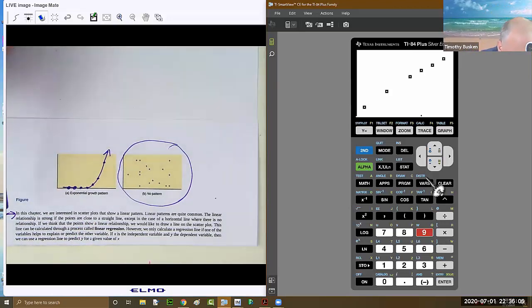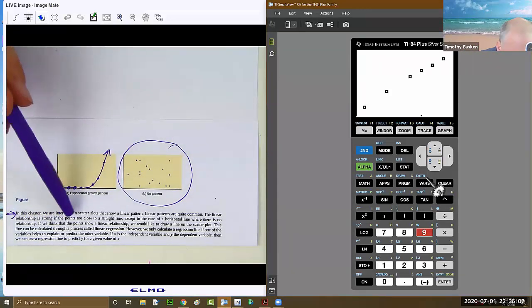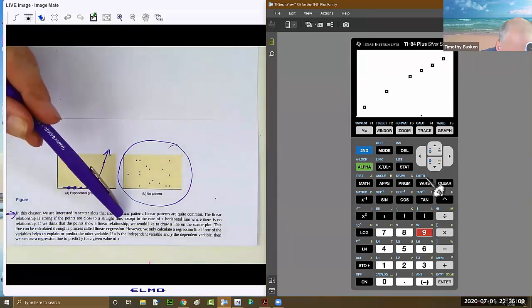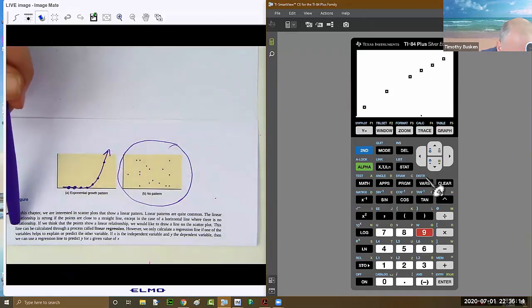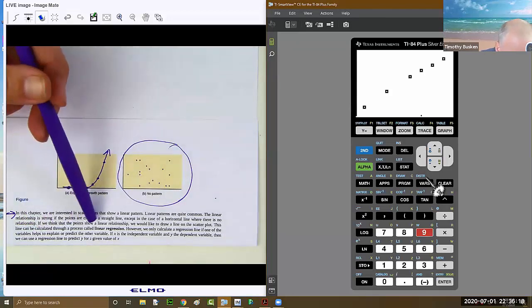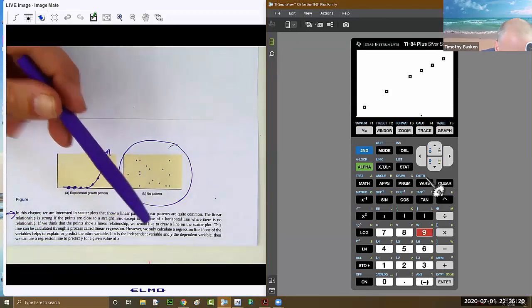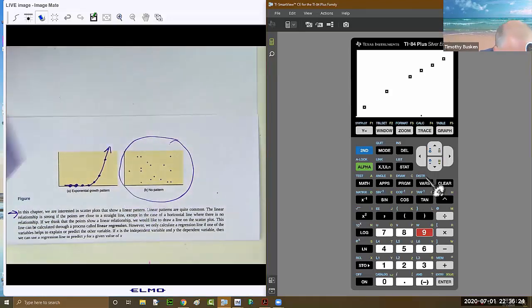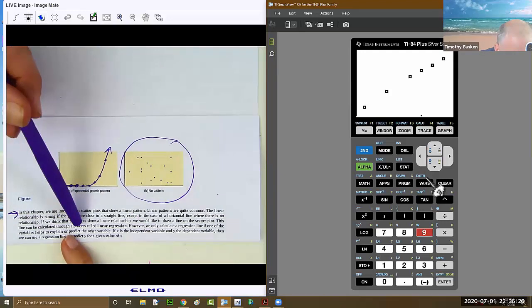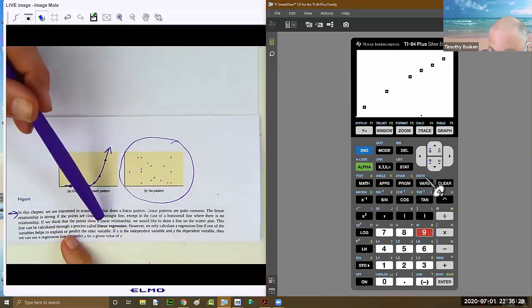The linear relationship is strong if the points are close to a straight line, except in the case of a horizontal line where there is no relationship between X and Y. If we think that the points show a linear relationship, we would like to draw a line on the scatter plot. This line can be calculated through a process called linear regression.